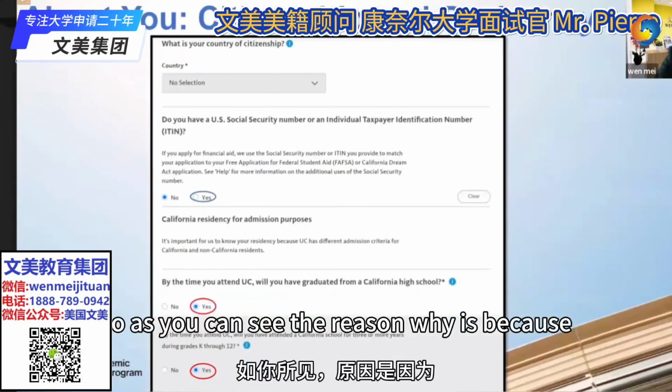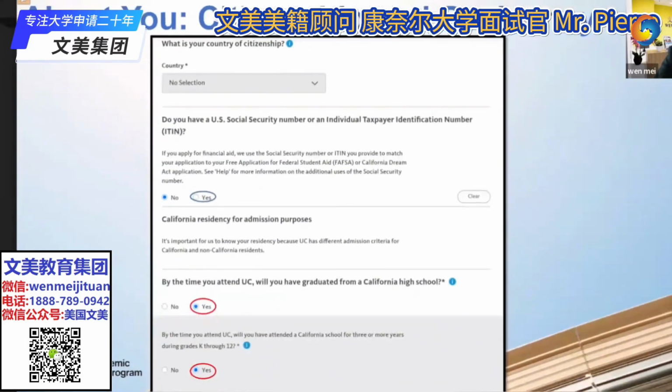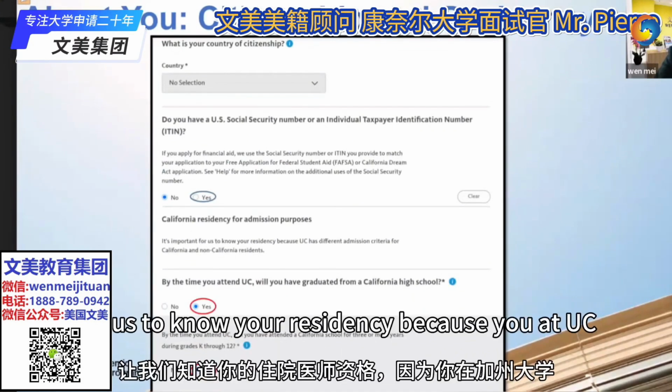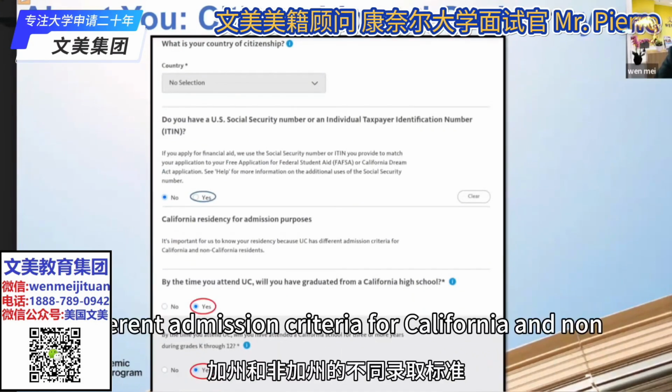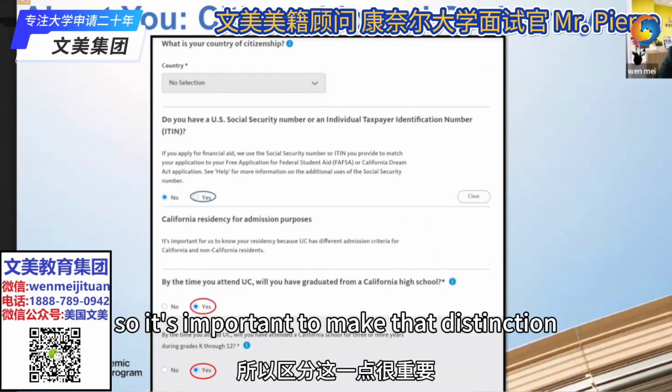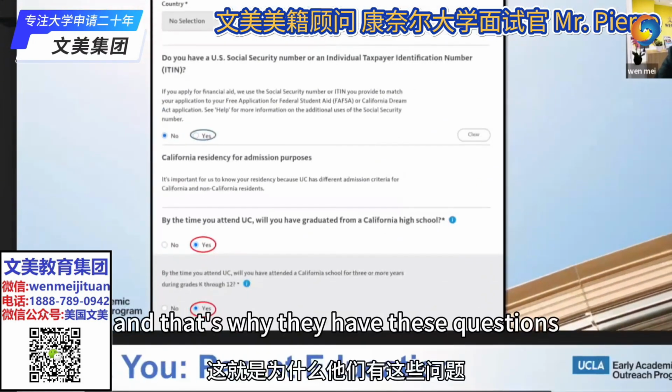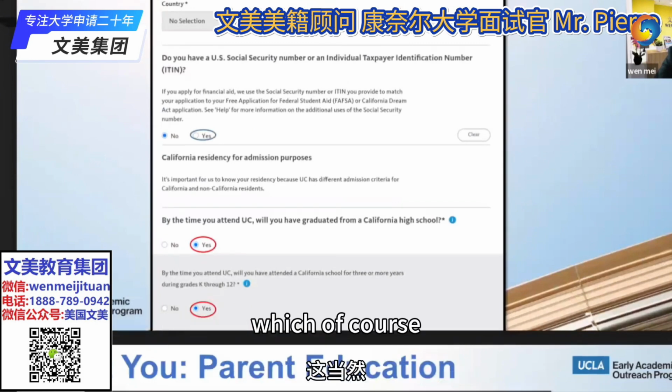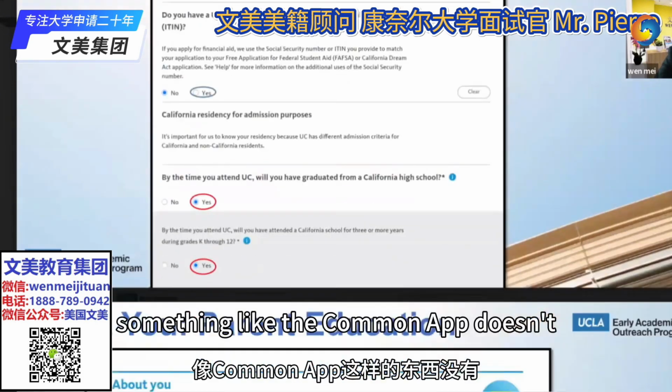As you can see, the reason why is because it says it's important for us to know your residency because UC has different admission criteria for California and non-California residents. So it's important to make that distinction. And that's why they have these questions, which of course, something like the Common App doesn't.